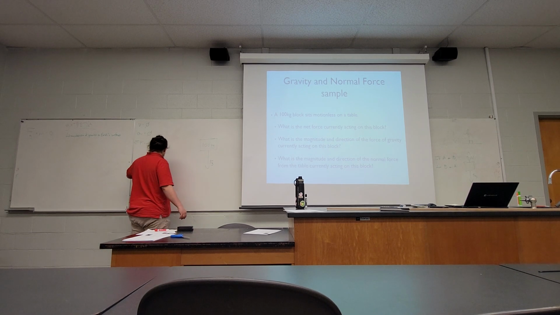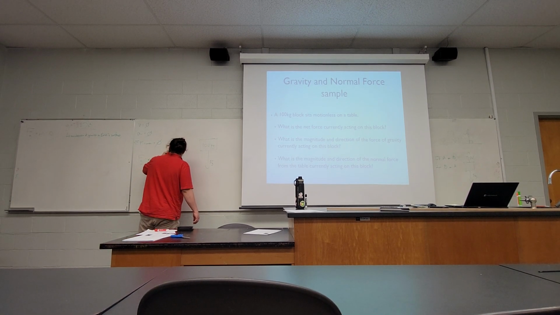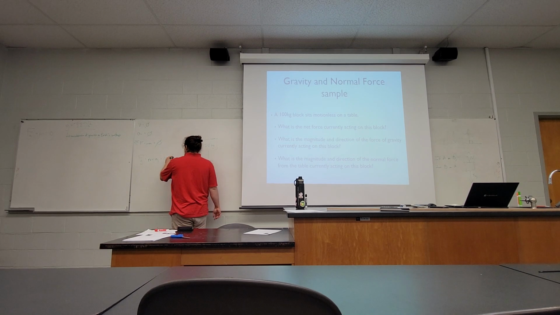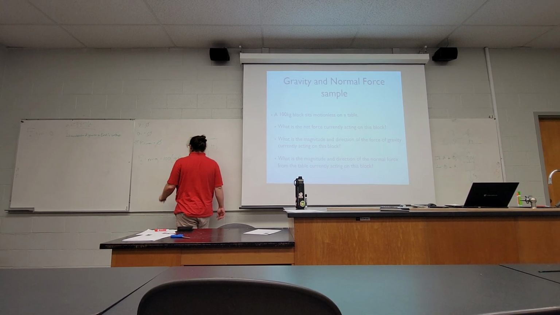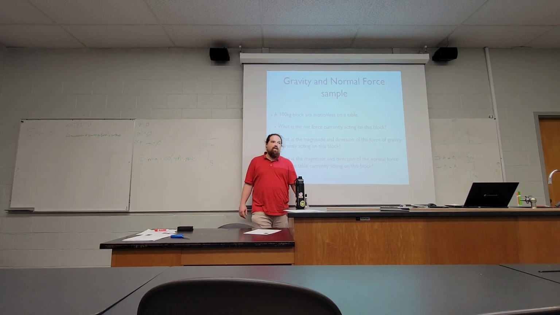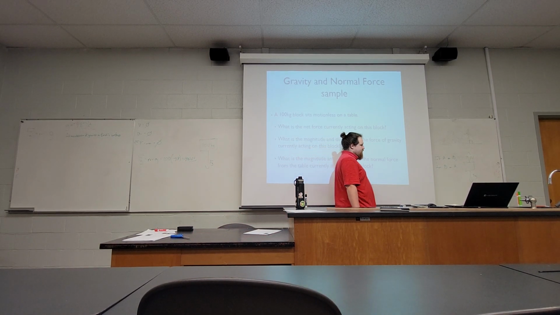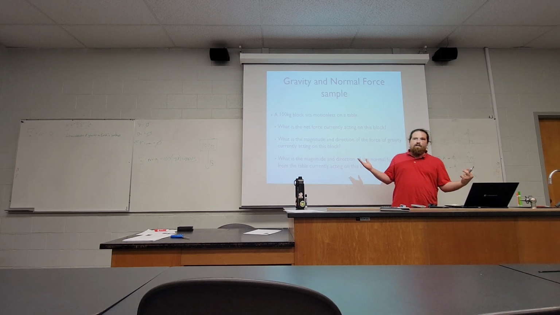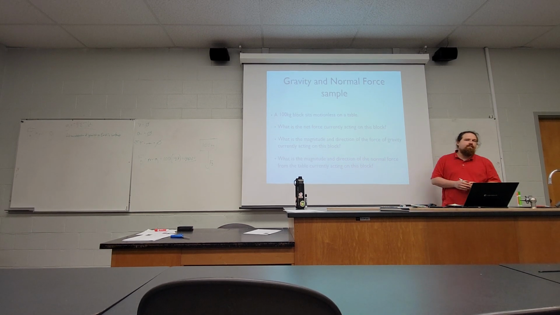M times negative 9.8. I already gave you kilograms, so we don't have to convert anything. So the weight of this particular object is negative 980 newtons, the negative just meaning down. For a sense of scale, that's about what I weigh. So really, this box is about the mass of a person.